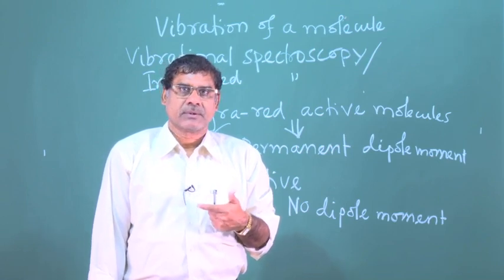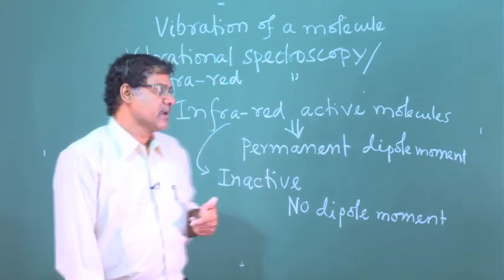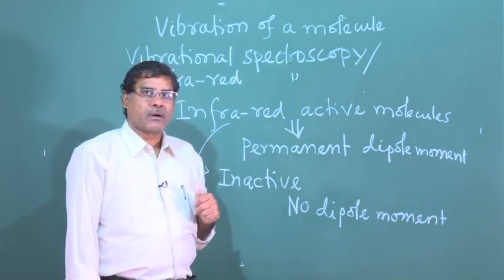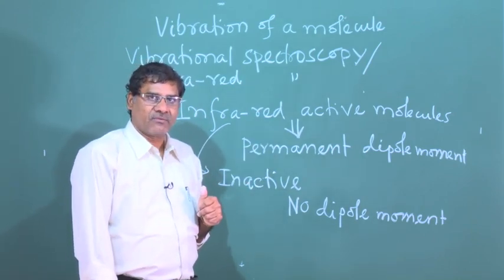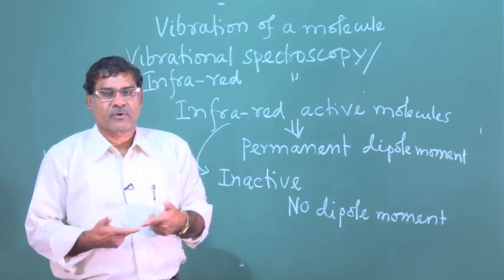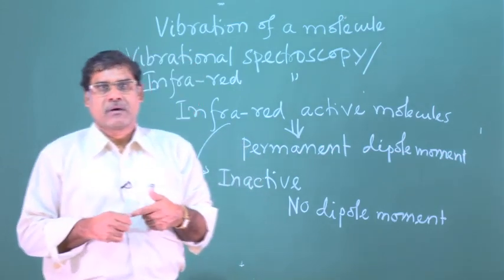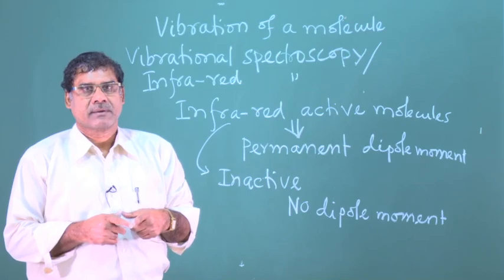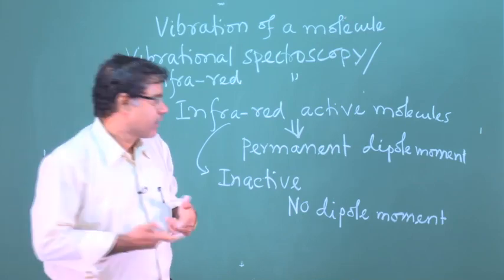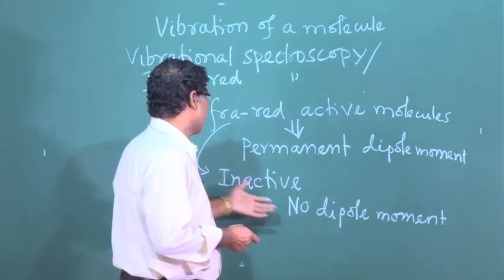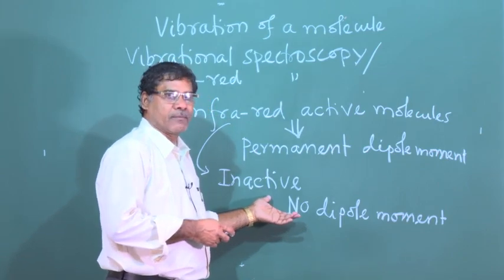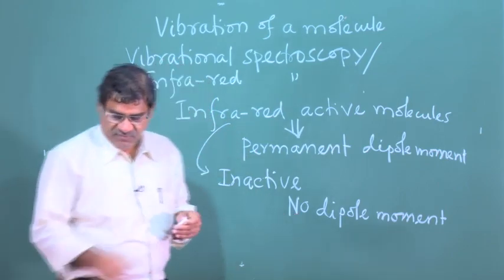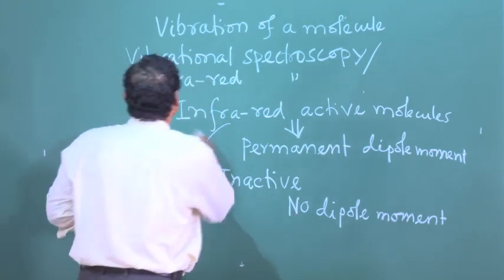If so, then it is an infrared active molecule. If there is no change or fluctuation of dipole moment during vibration, then it will not be an infrared active molecule. Okay. So, we will give an example.